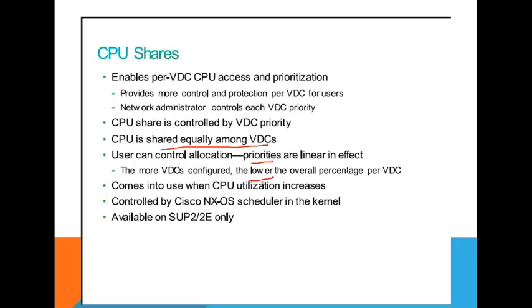That's how it works. The more VDCs configured, the lower the overall percentage per VDC. So if I keep the priority number lower, I get more CPU prioritization. By default it is equal among all VDCs. If you want to allocate more processing for a particular VDC, that is also possible, and that is available on supervisor 2 and 2E engines.